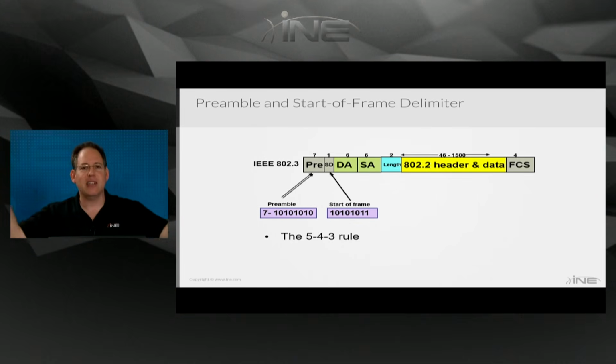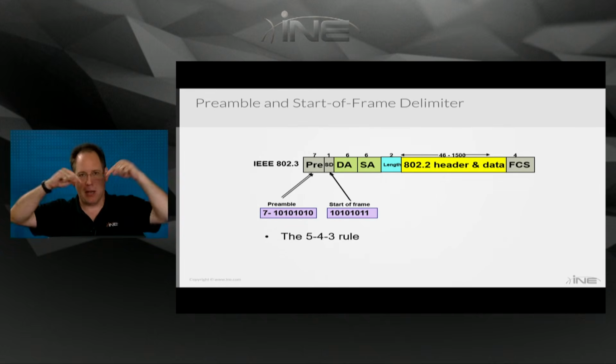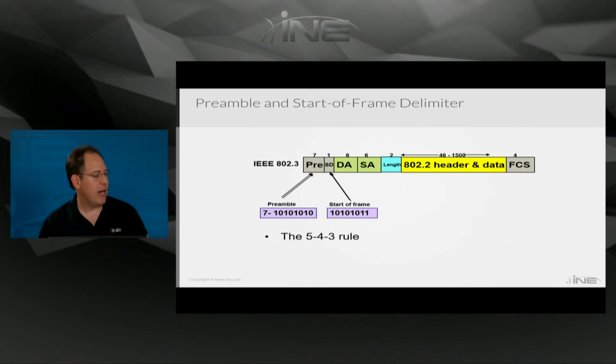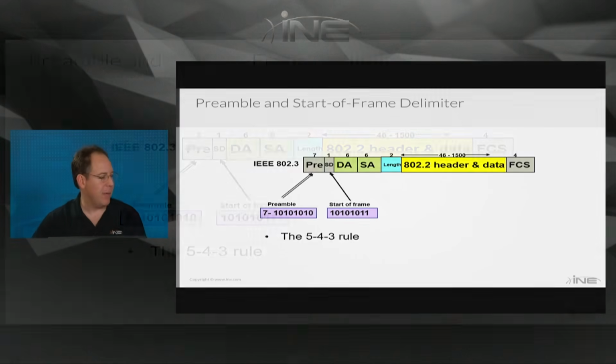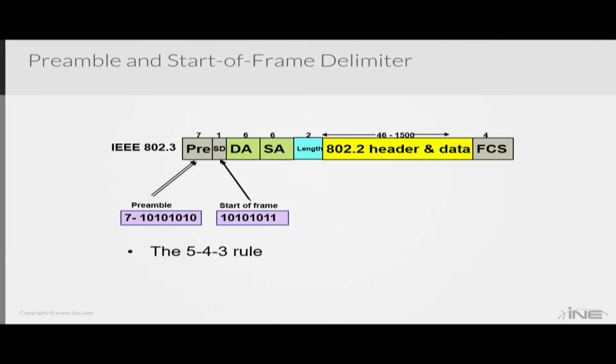So the clocking has to be the same. If I'm putting the bits on the wire at this rate, you have to be sampling the bits off the wire at the same rate. So in order to ensure that, we have these 7 bytes of the preamble. And then after that, we have one more byte called the start of frame delimiter.